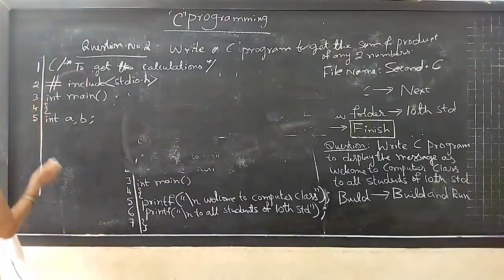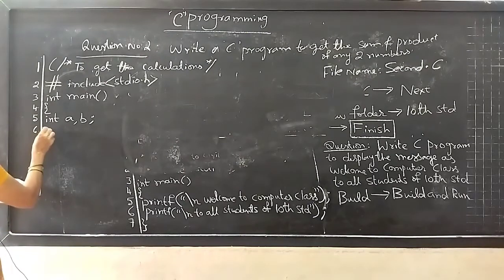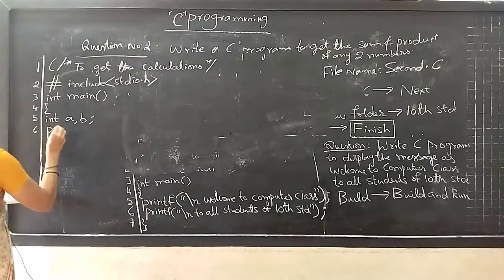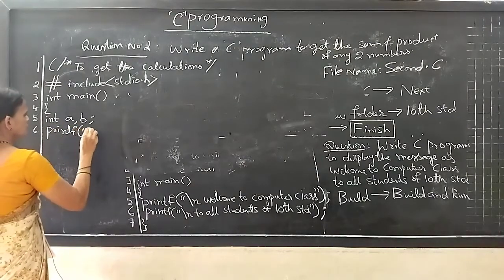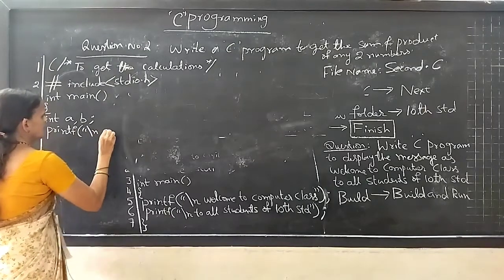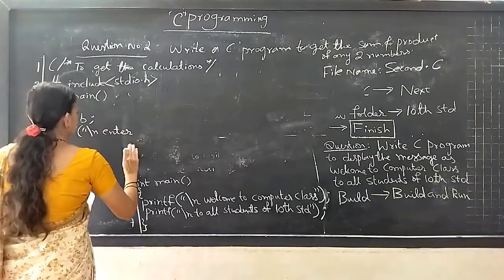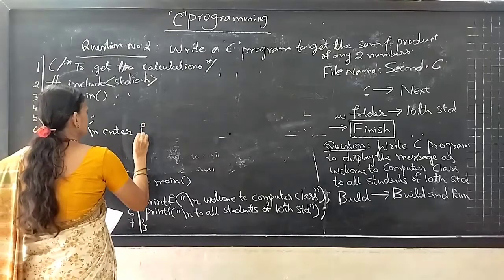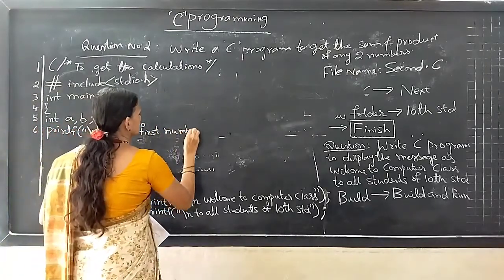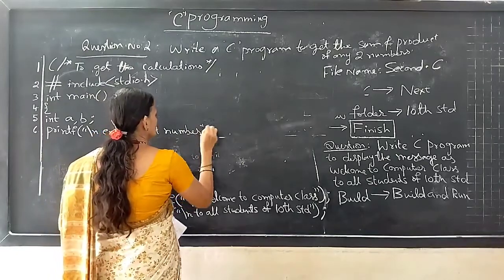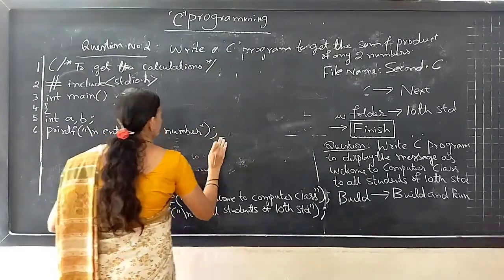Now, sixth, we have to write printf, open bracket, double quotes, backslash n, enter first number, double quote, close bracket, semicolon.